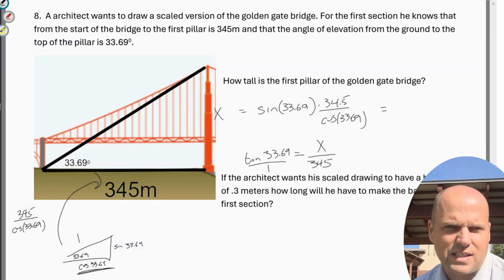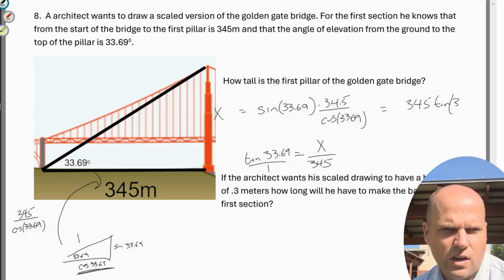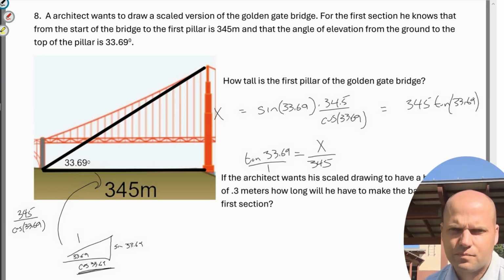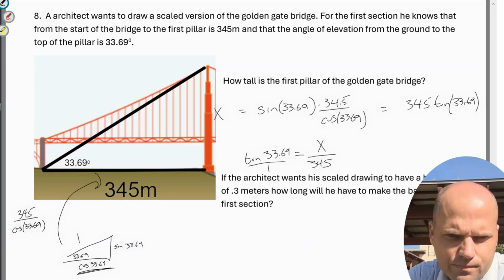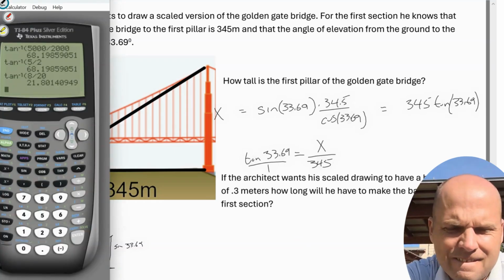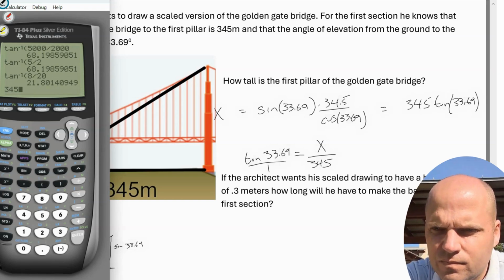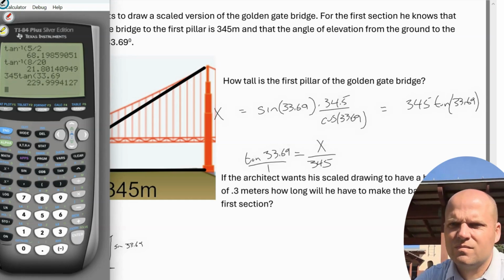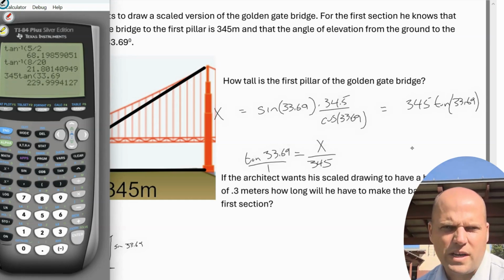So this is the same as 345 times the tangent of 33.69. Cool. That's 229 meters. It's really 230 meters.